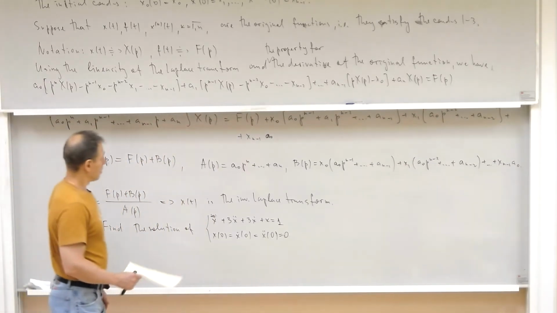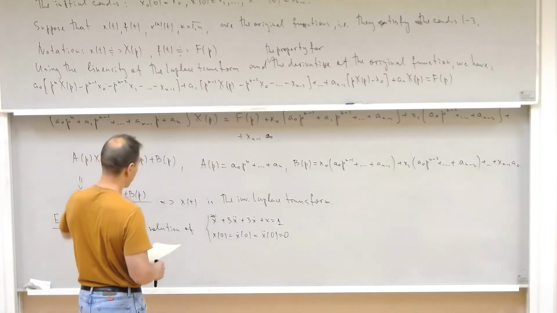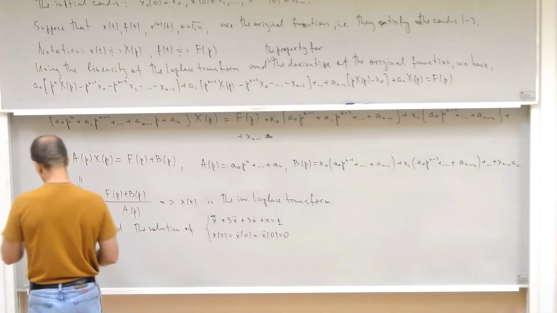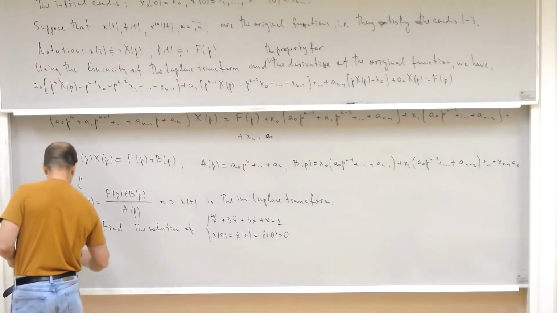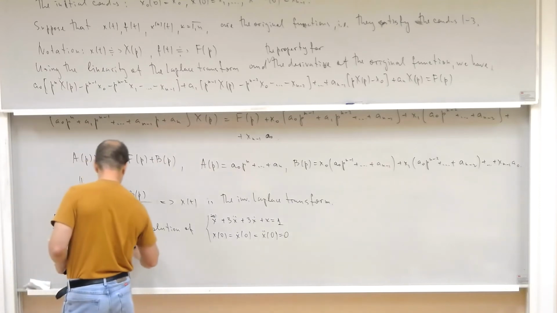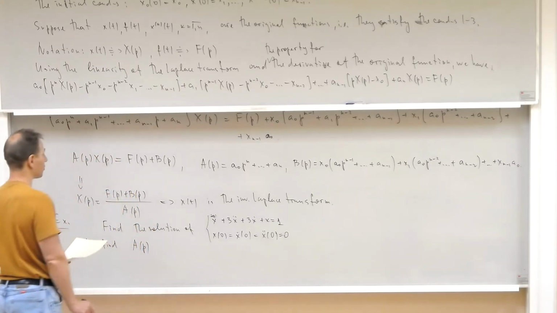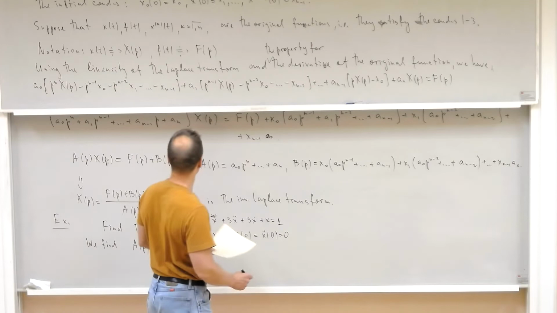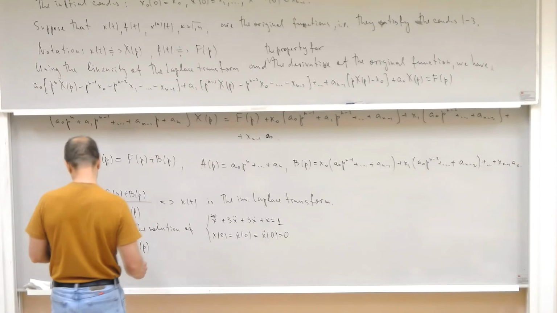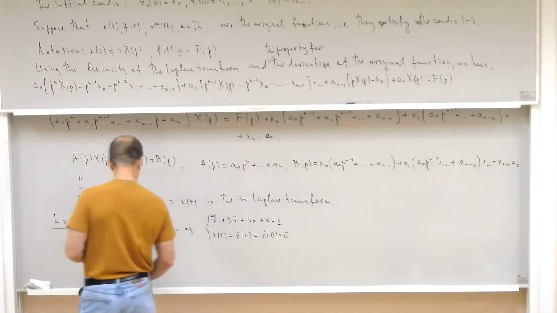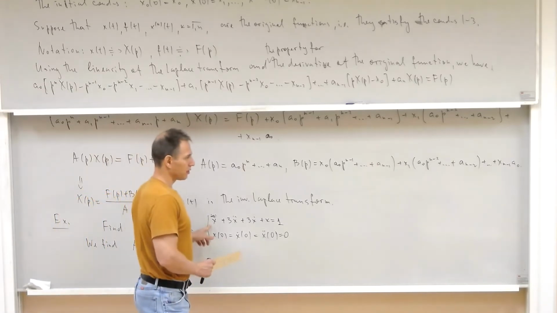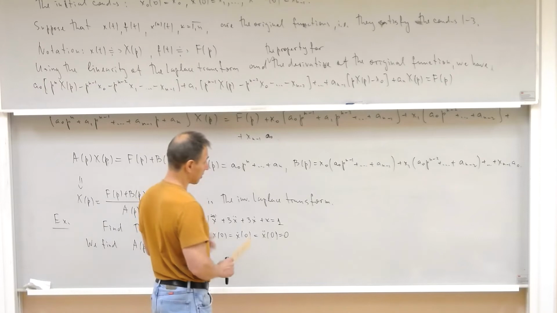Then, by applying the method, find the function A large of p. It's in fact the coefficient of X large of p, and is just obtained by replacing the derivatives with respect to t by powers of p in the respective form.